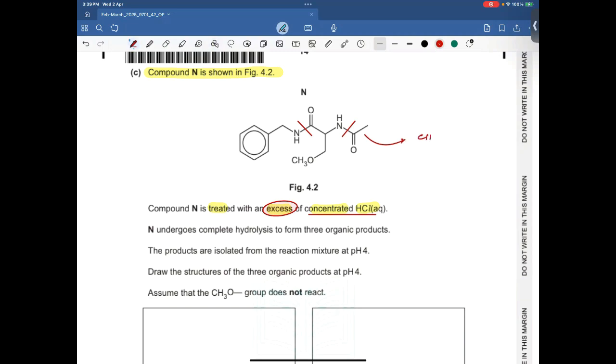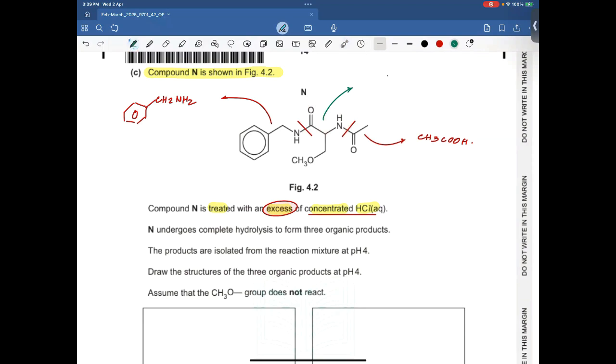Obviously, this is going to be benzene, CH2, and NH is getting hydrogen of water, it will turn to NH2. All right. Now, last but not the least, this CO will get OH of water, this NH will get hydrogen of water.